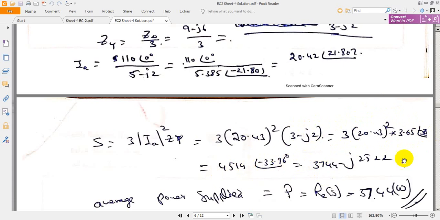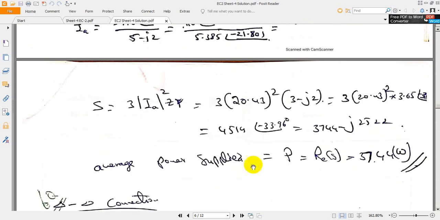Convert this polar form into rectangular form using a calculator, and you will get 3744 minus j2522. This is your real part and this is your imaginary part, the real power and the reactive power. The average power supplied is the real part of the apparent power. So P is equal to the real part of S, 3744. This forms your average power supplied.